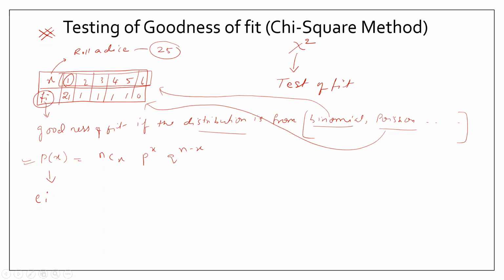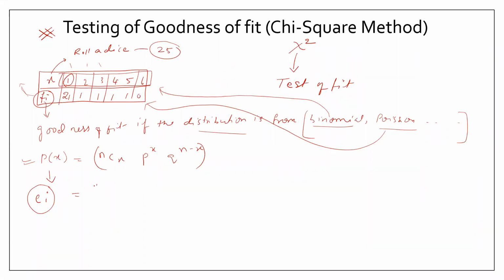When you calculate this Ei using the distribution given in the problem, for the different x values given in the data set, you get E1 to E6. The observed frequency has been given; we are now calculating the theoretical, or expected, frequencies using binomial.